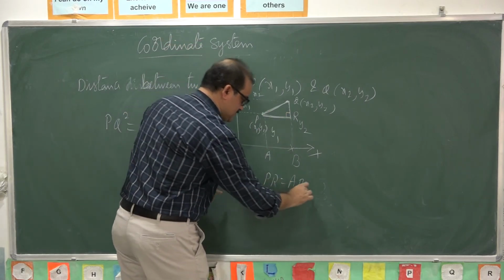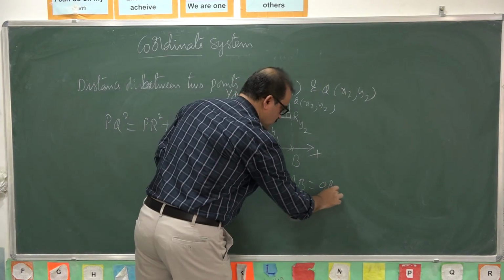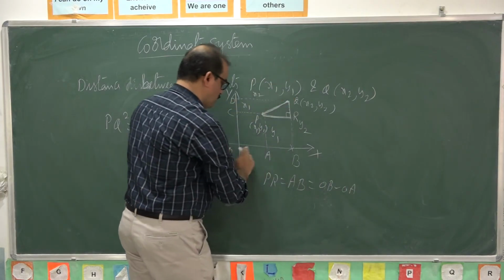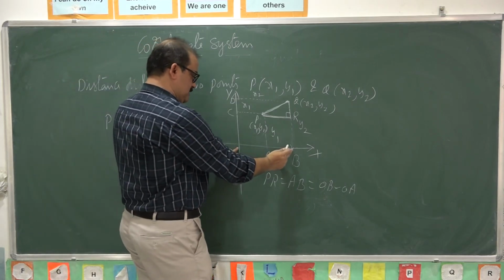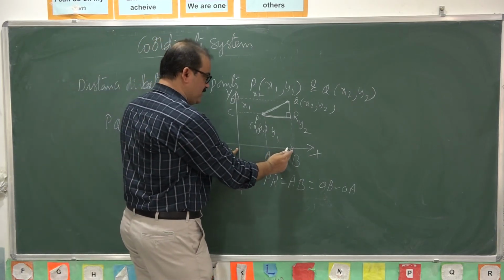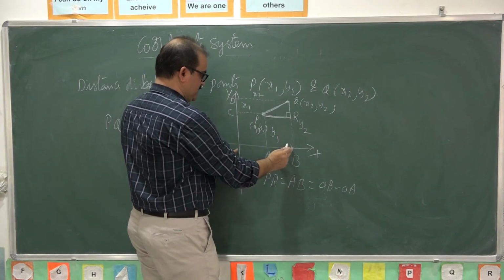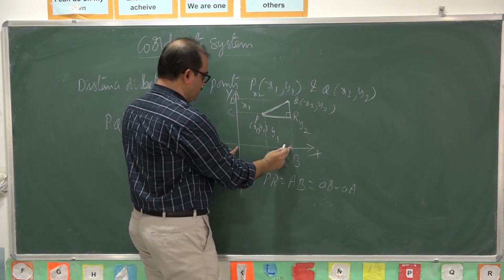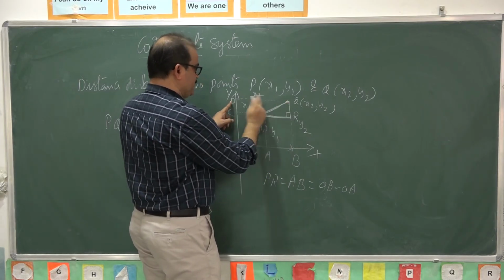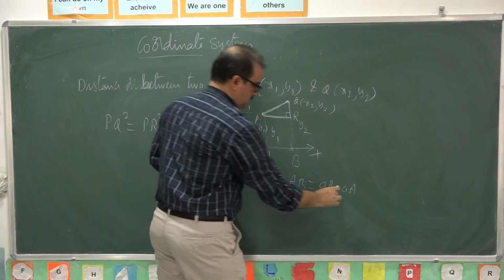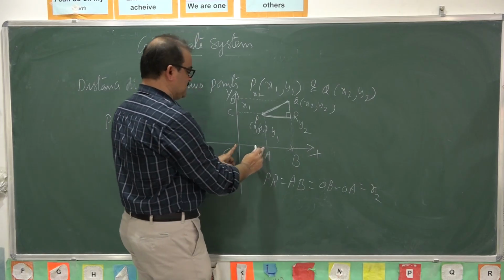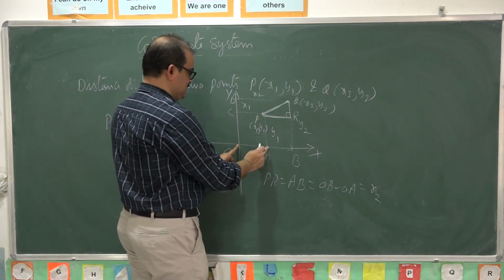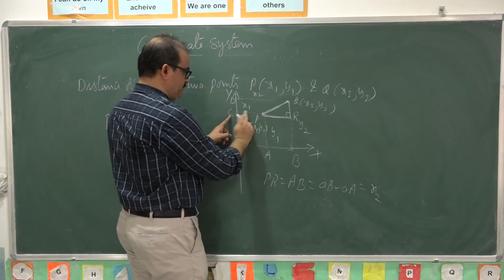But AB is taken as OB minus OA. But what is the length OB? What is the length OB? X2. This OB is same as QD, this length. What is the length OA? This is same as this CP, X1.